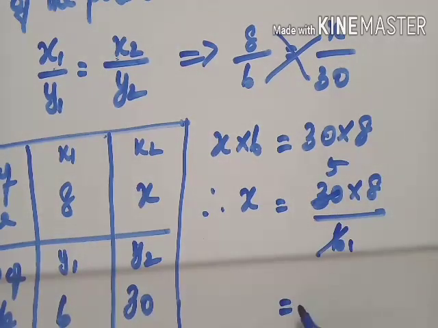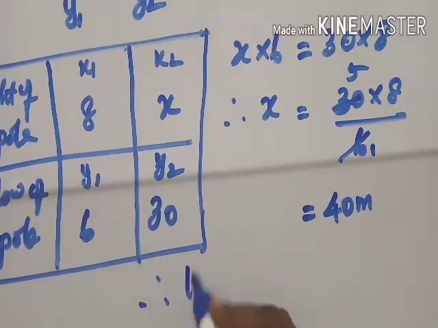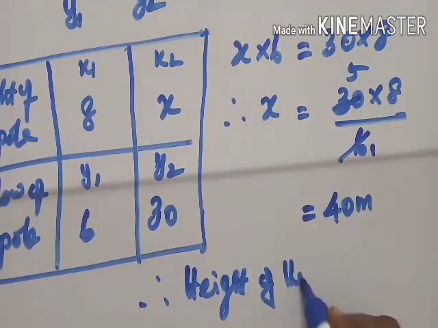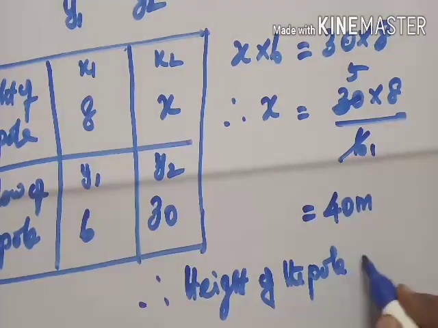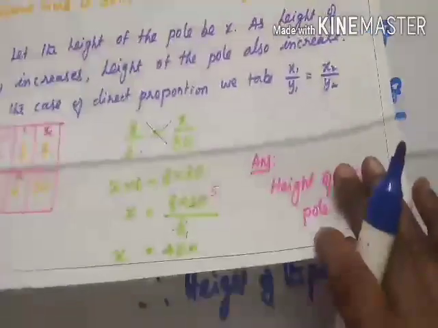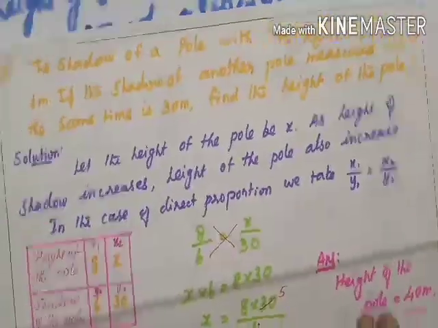Now, 5 into 8, 40 meter. That is the height of the pole. Therefore, height of the pole is equal to 40 meter.